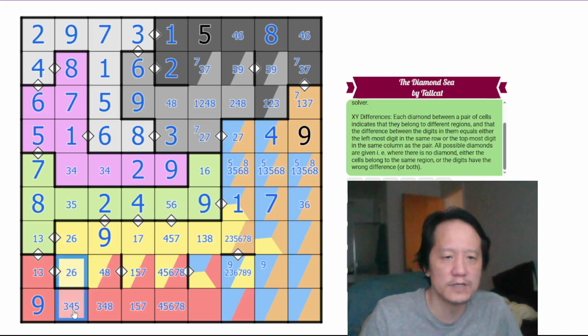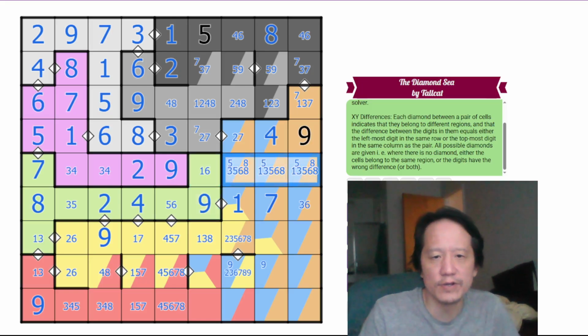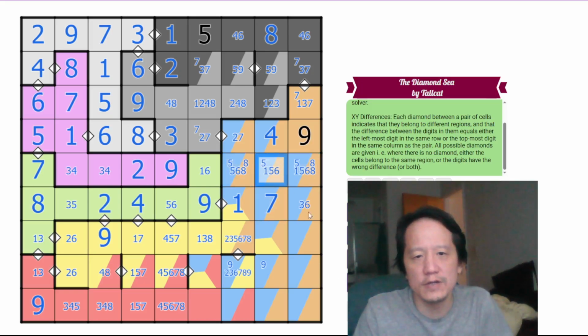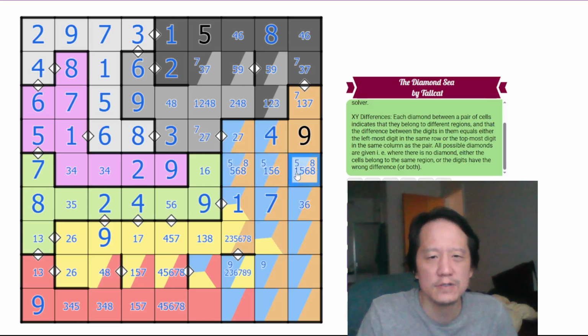Yeah, this is not a difference of 9. This is fine. There's no difference there. 5 will not have a difference of 3 with 1 or 7. Okay, this cannot be 3. So this is 1 or 6 here. This can't be 8, obviously. 5 is one of these 3. 5 is one of these 2.